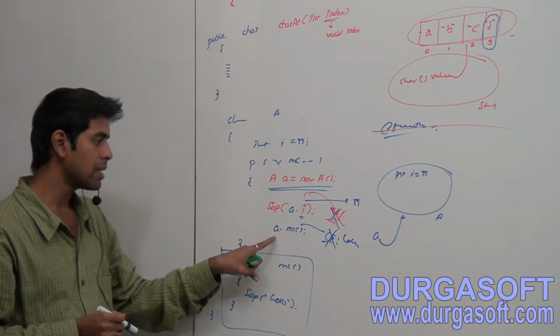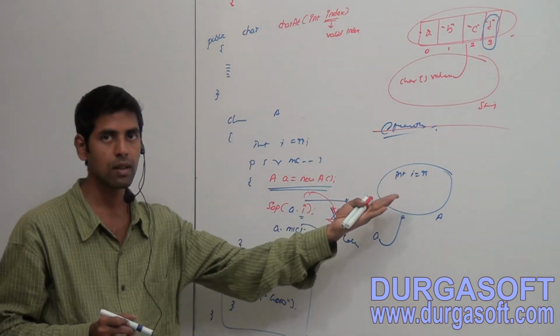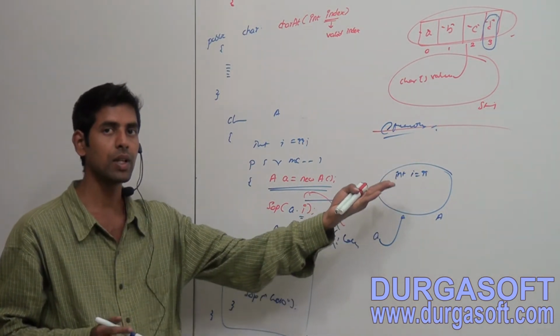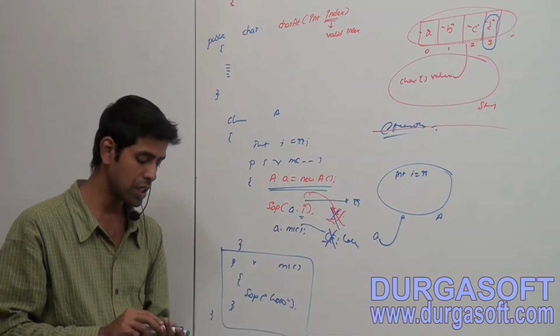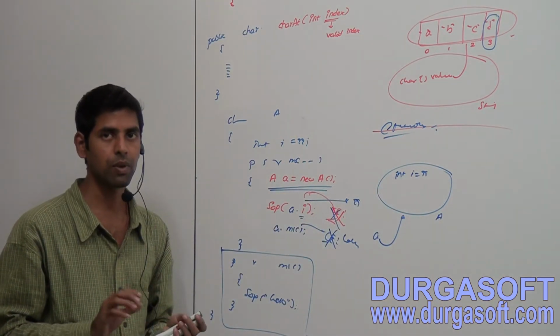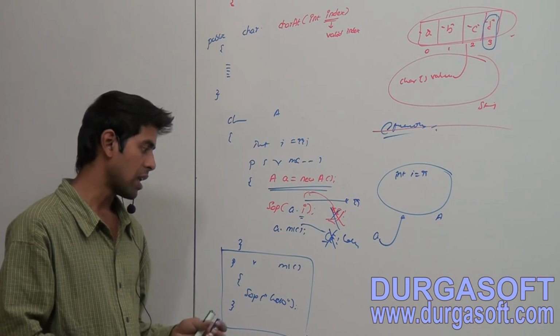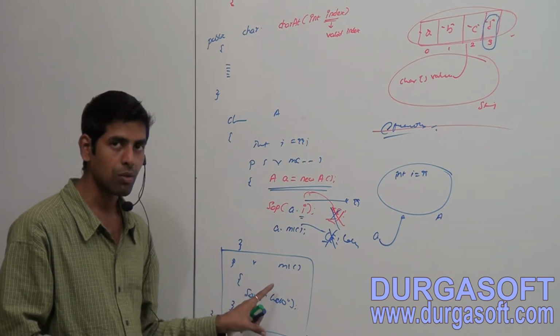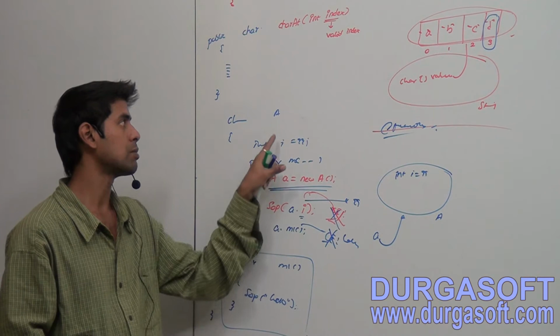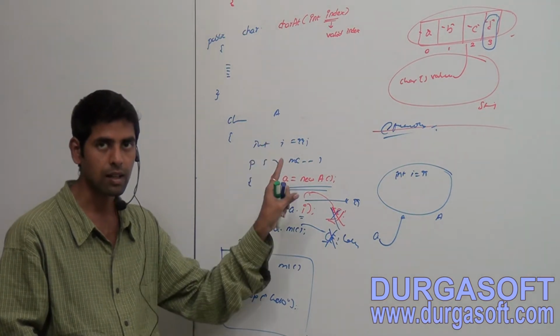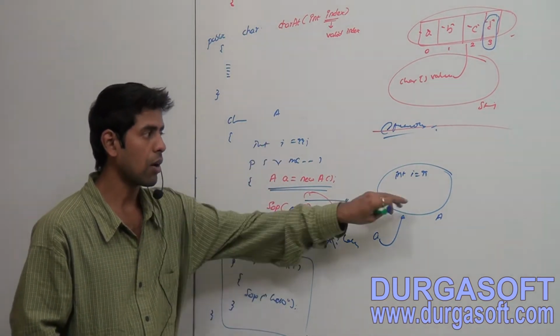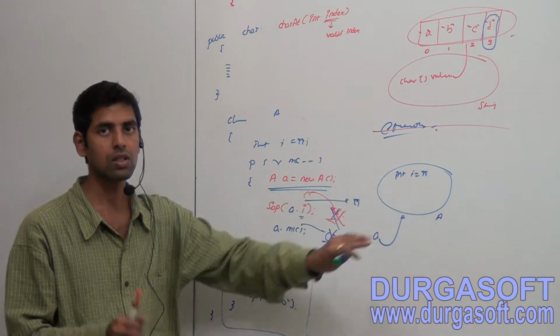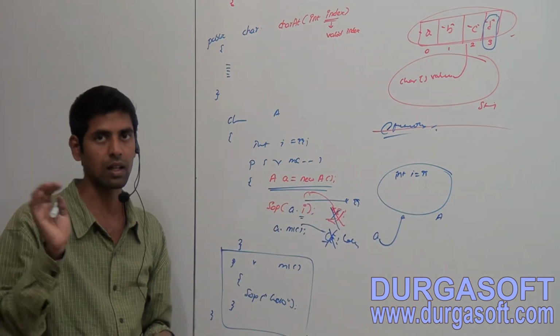Now where is m1 within this object? Where is the m1 method within this object? Please try to get habituated from here onwards. Even instance methods which are available as part of this class will be available within this object at runtime.